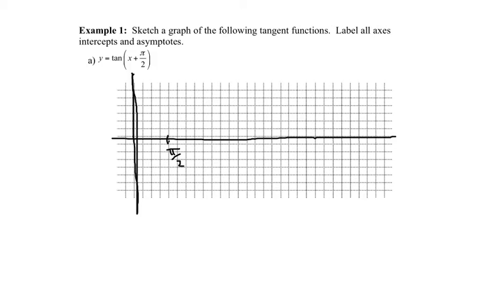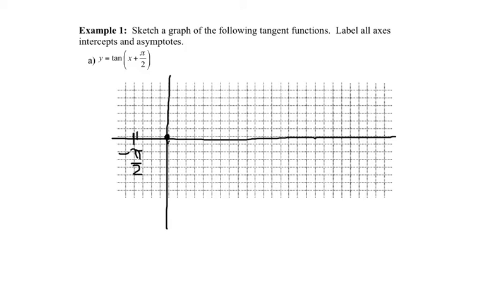So instead of being an asymptote, that's going to be a 0. Let me think, am I moving this in the correct direction? We should have gone to the left pi over 2. Let's correct that. So let's make that our axis, and we'll call this one negative pi over 2.